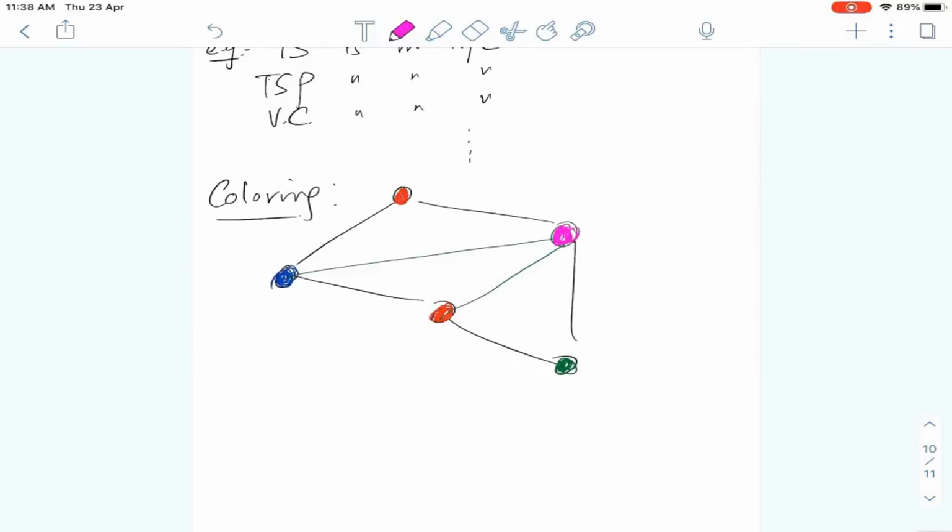This one is not valid. There's a triangle, so I need another color. And finding this chromatic number is NP hard. It's a very hard problem actually.